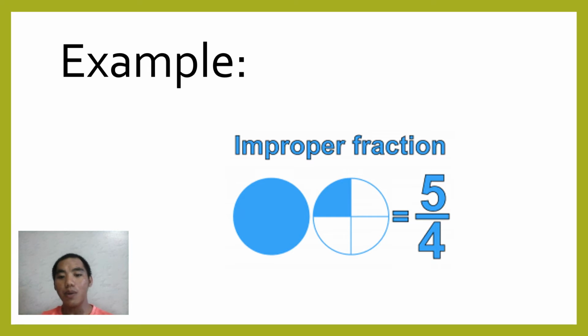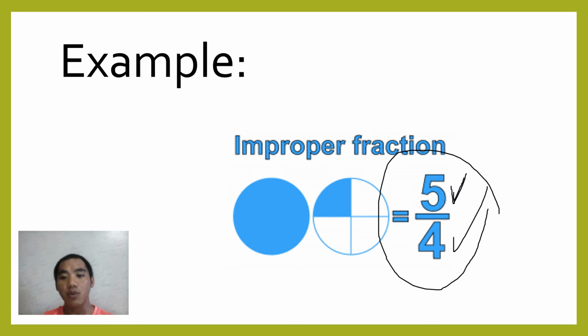So looking at these numbers, 5 is greater than 4. The numerator, which is 5, is greater than the denominator, which is 4. Therefore, 5 over 4 is an improper fraction.